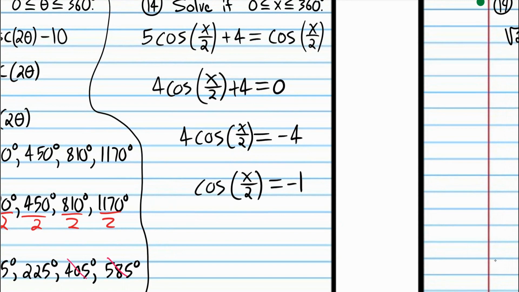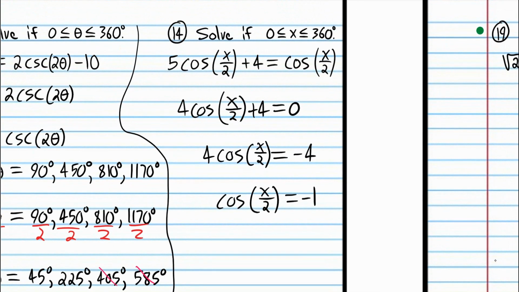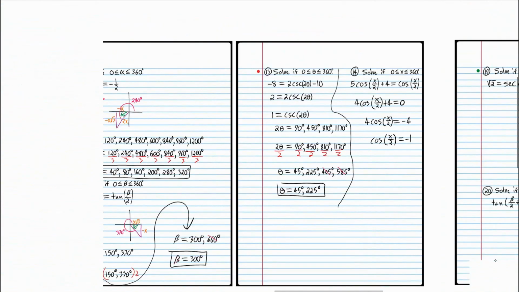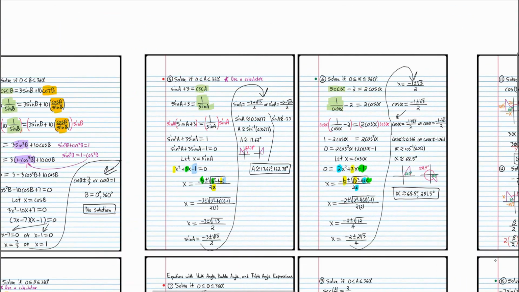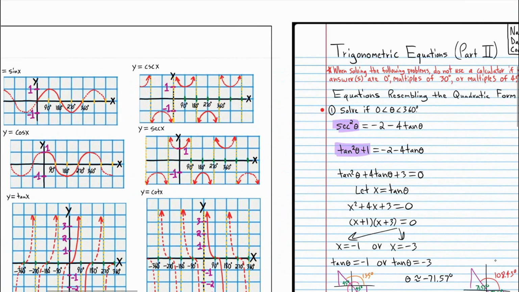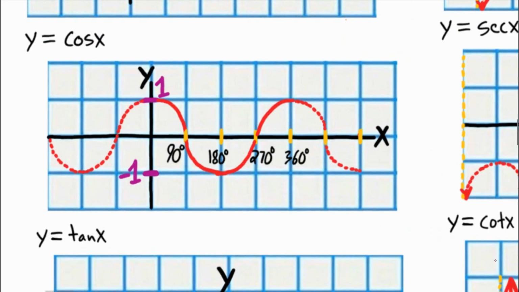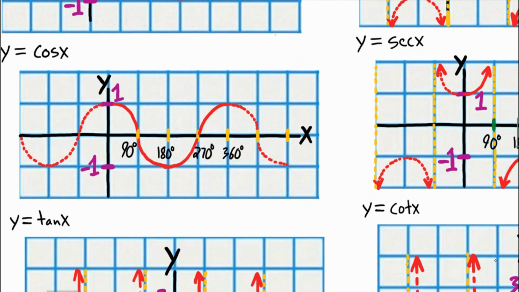So we need to know when is cosine -1, so we have to go to our curve. When you have a collapsed triangle, you want to use these curves. So cosine is -1 at 180, and if you want to find any other values, you just add 360 to get to the next one. So 180.